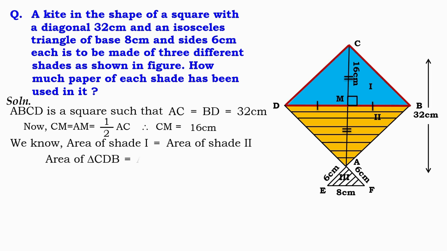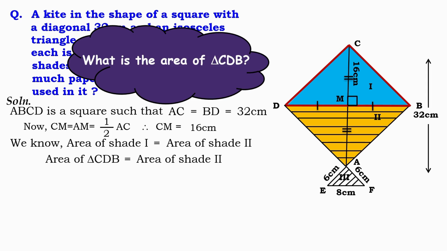So the area of shade 1, that is CDB, is equal to the area of shade 2. Now what is the area of CDB? Here in CDB we know the base and the height. We already know the formula for the area of a triangle is half into base into height. In triangle CDB, the base is BD and the height is CM.